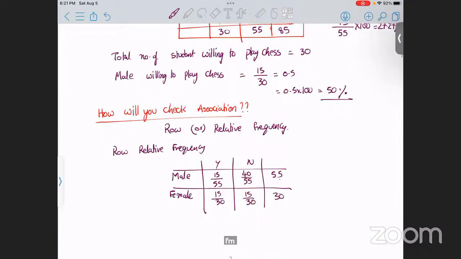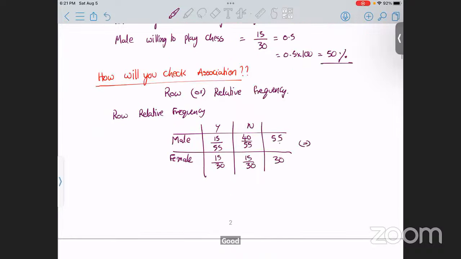So 15 divided by 55 is 0.27, and then 15 divided by 30 is 0.5, 0.5. And 40 divided by 55 is 0.73.